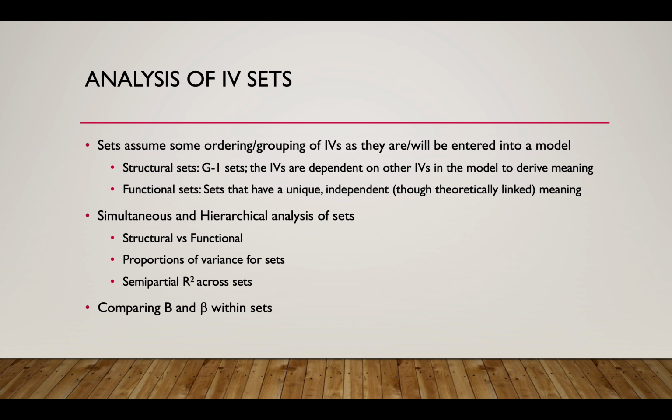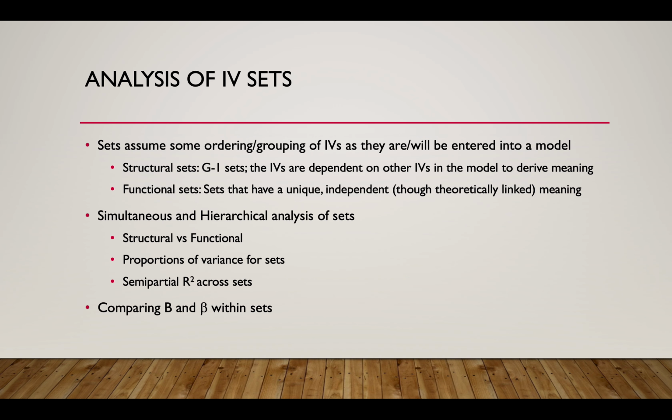should be entered together. And so we might say at step 1, we entered age and biological sex to control for demographics. At step 2, we entered the functional set for impulsivity, which was these 5 variables: positive urgency, negative urgency, and so on and so forth. And so that would be an example of a functional set.